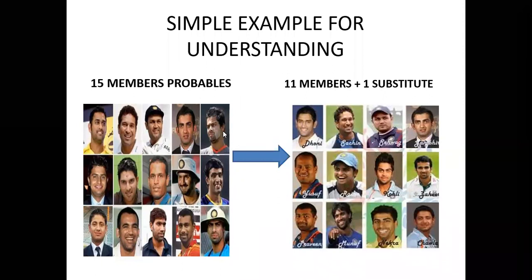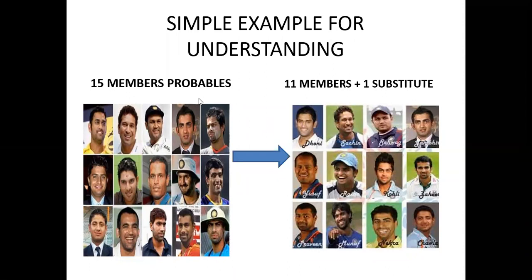So here, these 15 members are nothing but available persons. Out of these 15 available members, we need to select only 11 members and one substitute.